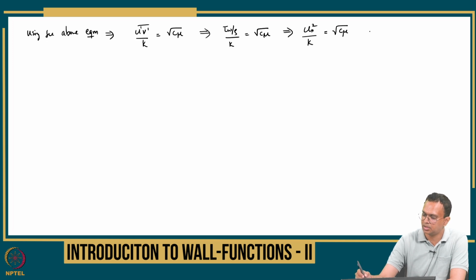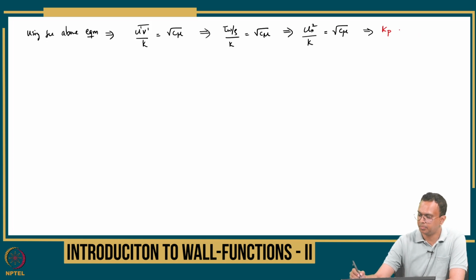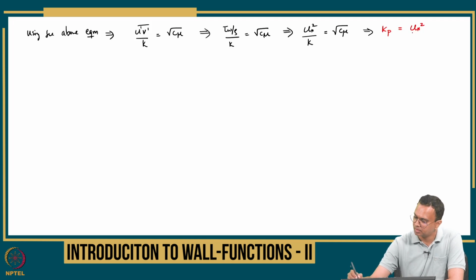So why did I do all this? That's because now I can get the k at the p node. I can compute it simply as u star square, which you can obtain from the logarithmic law, over square root of c mu.